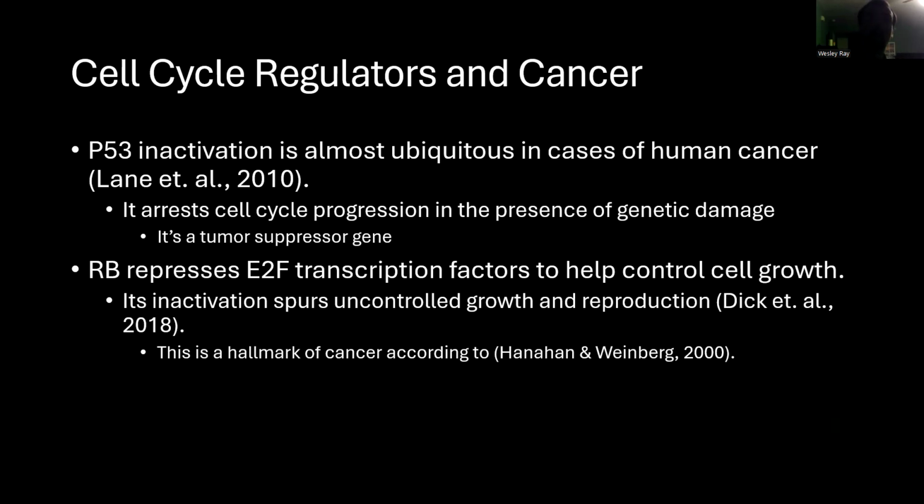Okay. RB, I mentioned it earlier. It represses E2Fs. If RB is malfunctioning, then you have uncontrolled transcription factors, and therefore you have uncontrolled growth and development. Okay, you have to have things in place to arrest the cell cycle when needed.